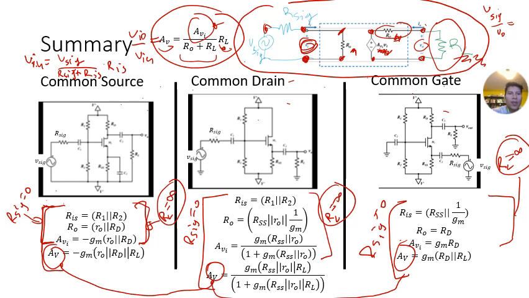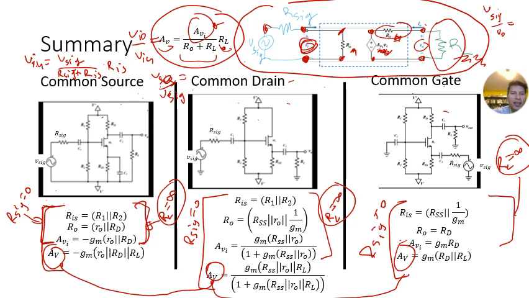So once you want to figure out what V out over V sig is, you just need to plug in this equation and then multiply it by your gain AV.